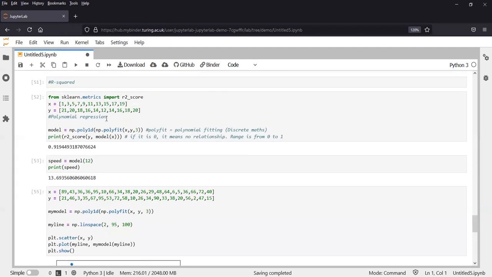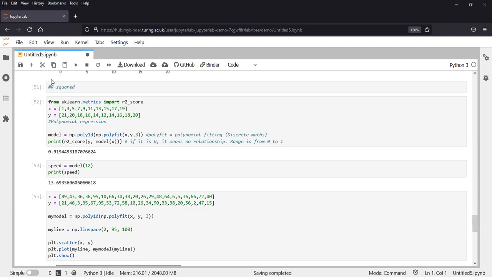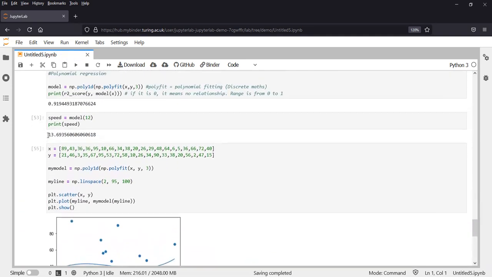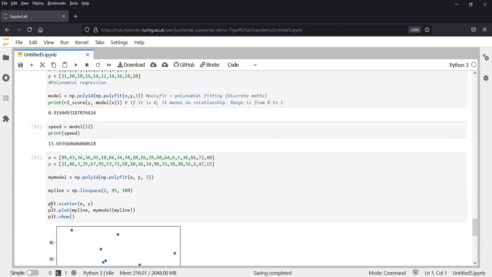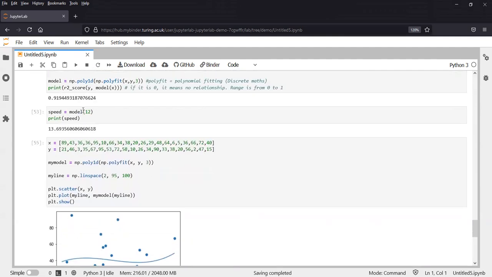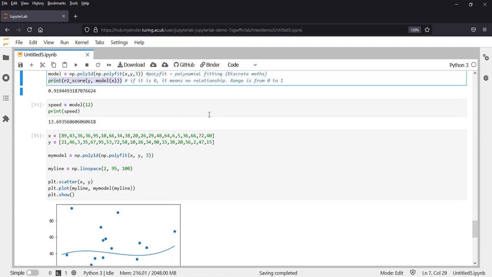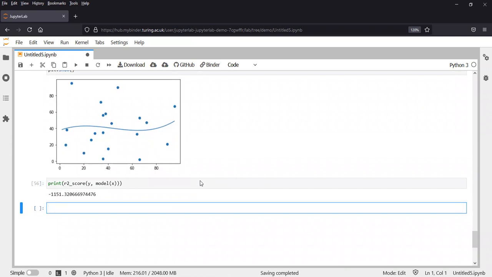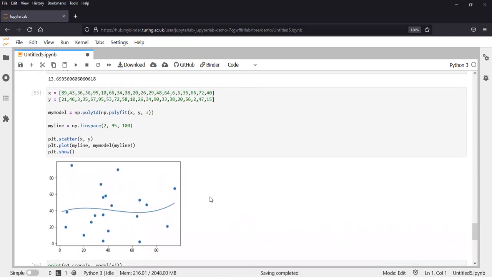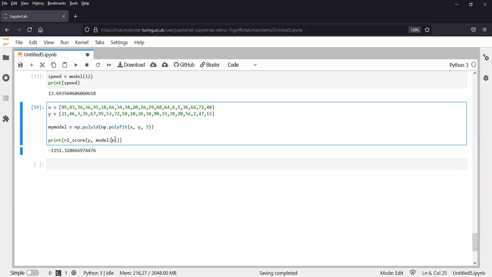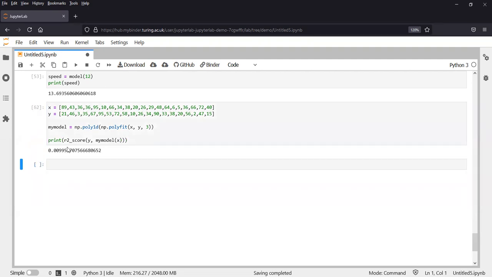So I believe that if I use the R2 score, the R squared concept here, and print it, you should see it's negative. But hold on, why is it negative? I see the error. I should match the name of the variable. Okay, you can see it's really near to 0, because the range of R squared is from 0 to 1. If it is really near to 0, it means they have a bad relationship.